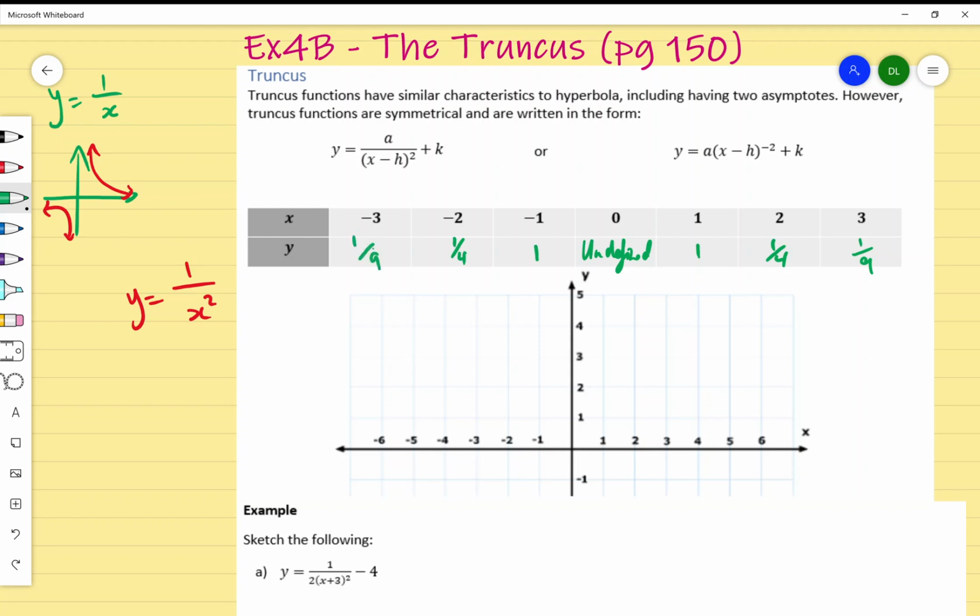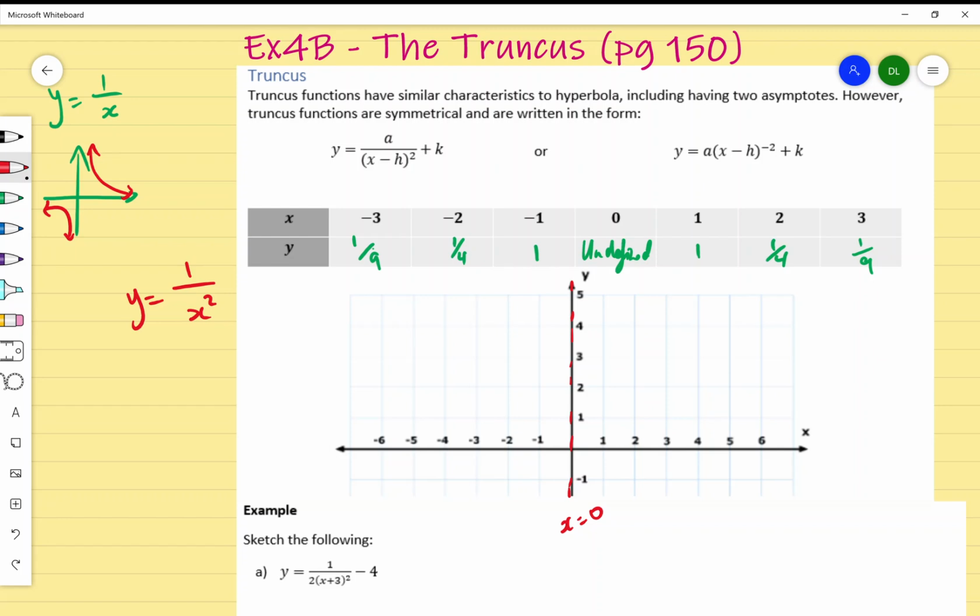You'll notice that what's happening is that as we get further away from the asymptote at x equals 0. So imagine if I drew a line right here, where that is symbolized by x equals 0. As I get further away from x equals 0, let's say in the more positive direction, the value actually decreases from 1 to a quarter to 1 over 9 to 1 over 16, etc. Now it'll never reach where y equals 0.